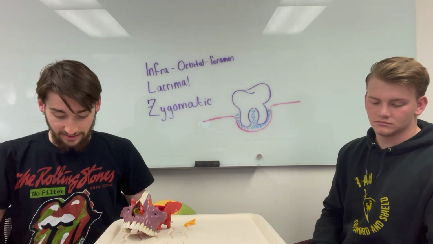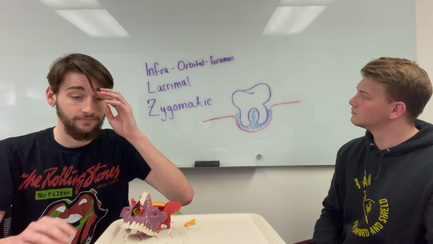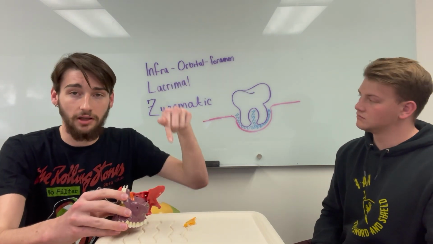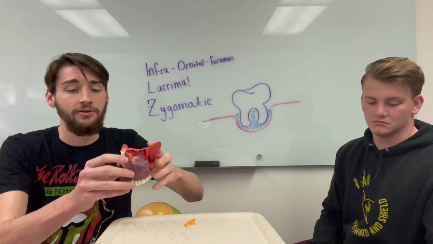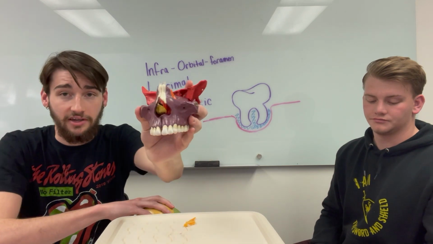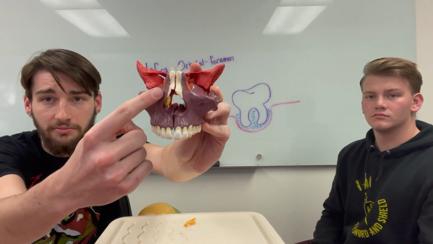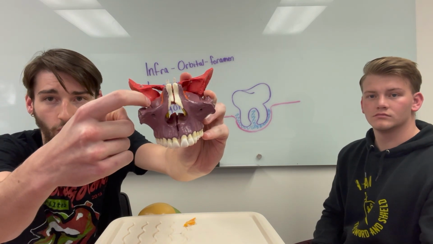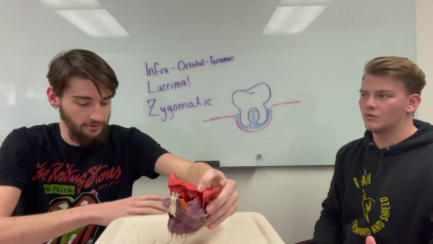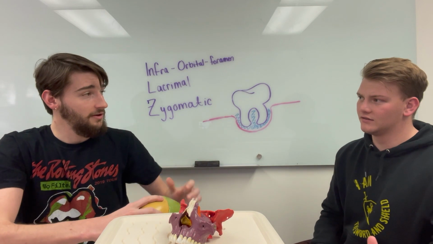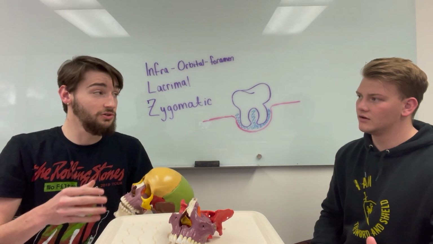Next, we've got the inferior orbital fissure. So we know that inferior means below, orbit means eye. So if we have this guy right here, we see that just below the eye, this is the bottom of the eye, we have the inferior orbital fissure right there. What does fissure mean again, exactly? Fissure is going to be a place where two bones connect.